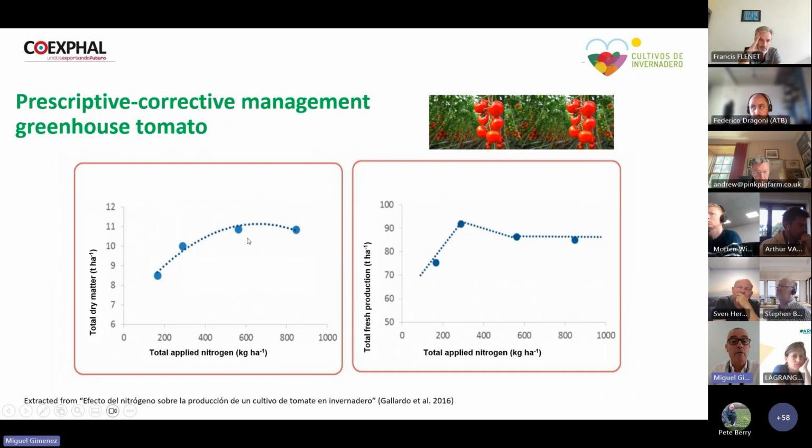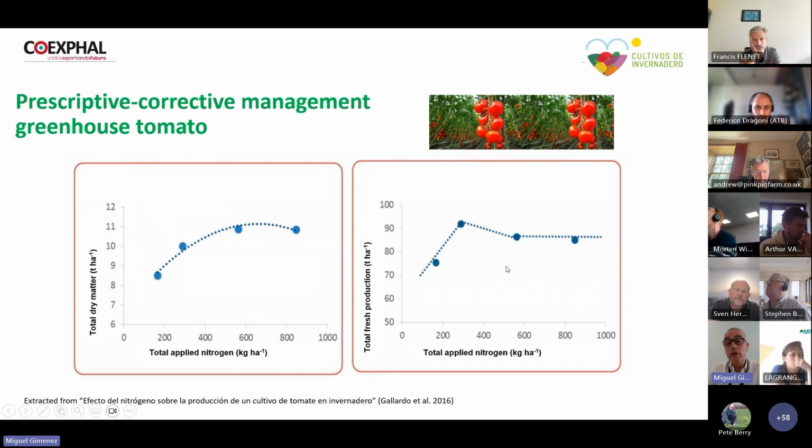Maximum is this third treatment here, which is the conventional treatment, or conventional concentration of nutrient solutions in the area, which is around, as I said before, 12 millimoles per liter.